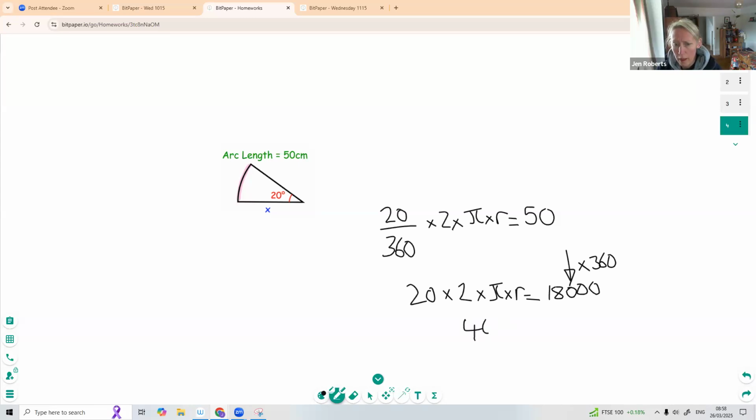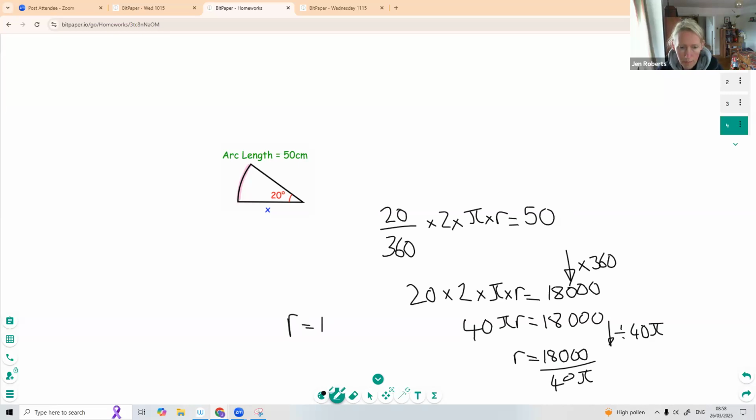So we have 40 pi r is equal to 18,000. Now the opposite of multiplying by 40 pi is dividing by 40 pi. So I'm going to divide both sides by 40 pi, which gives you your radius.